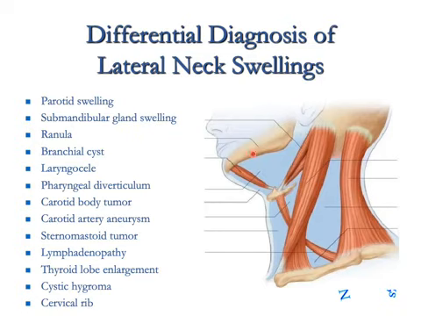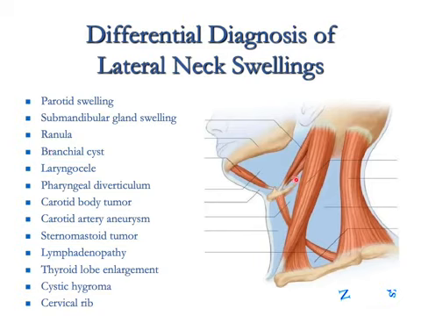Submandibular gland swelling will be mostly in this triangle. Also in this triangle, but more anterior, maybe in the submental triangle, I may have something called ranula. If we go to the upper part of the neck, between the upper third and lower two-thirds of the sternomastoid, in this part in particular, I may have what's called a branchial cyst.